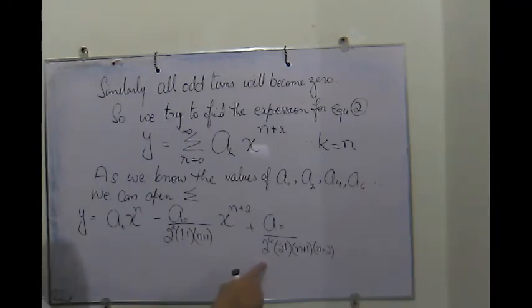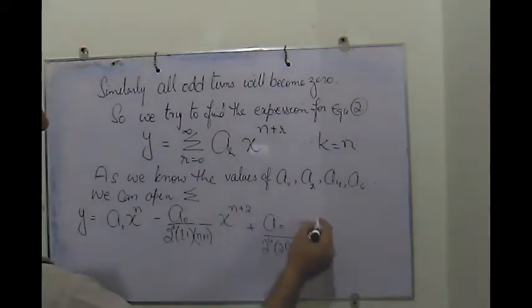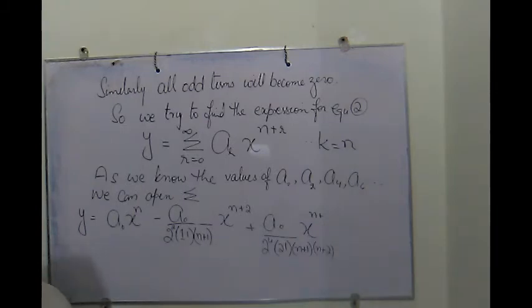This is 2 raised to power 4, 2 factorial, n plus 1, n plus 2. Then x has the value n plus 4.